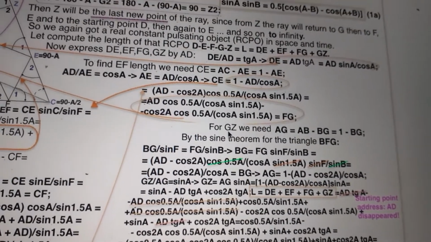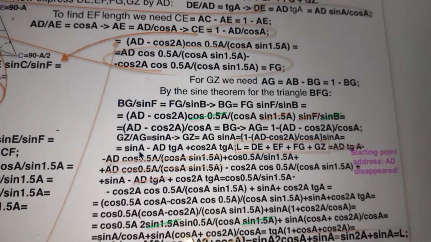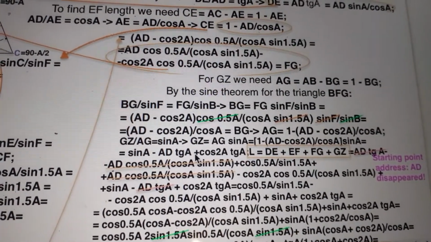Now we need the last part of the RCPO, GZ, and we get GZ. It consists of three summands. One of them depends on the starting point address AD, and two summands do not depend on the starting point address.